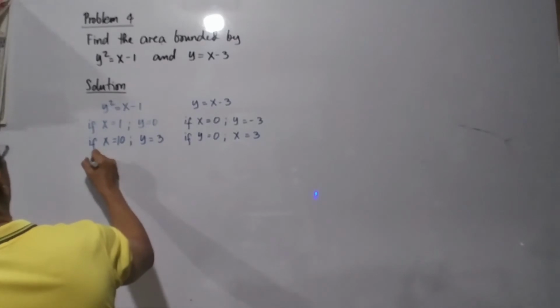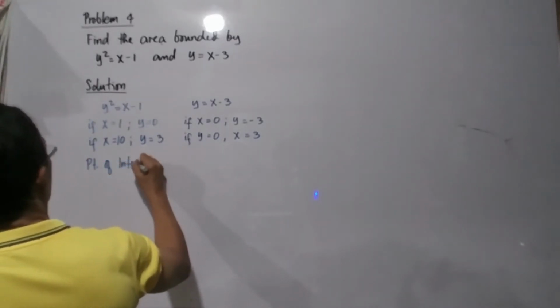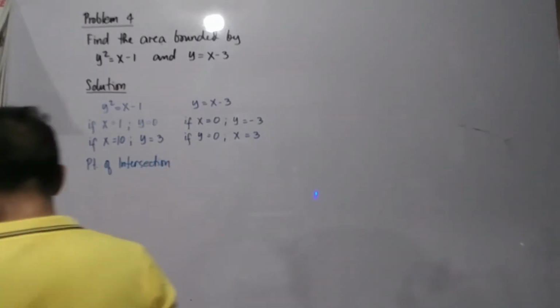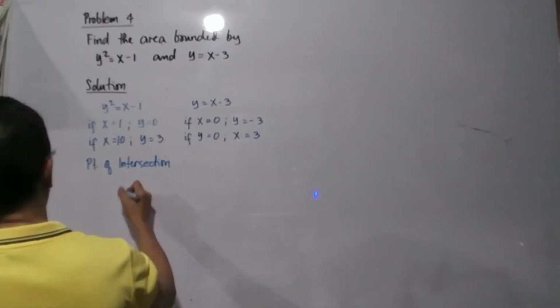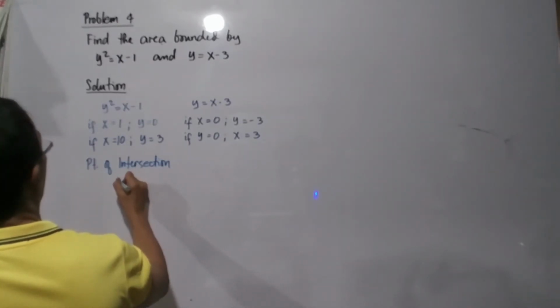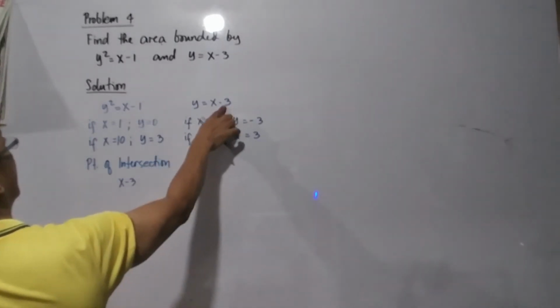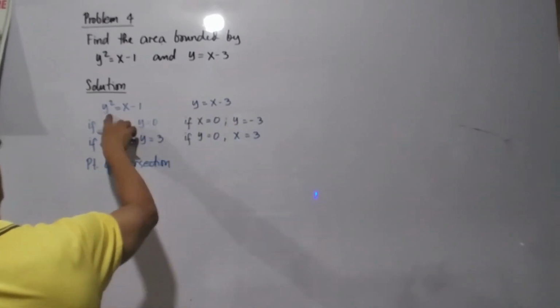Now, for the point of intersection, we have now x equals y plus 3. Just substitute this in the first equation here.